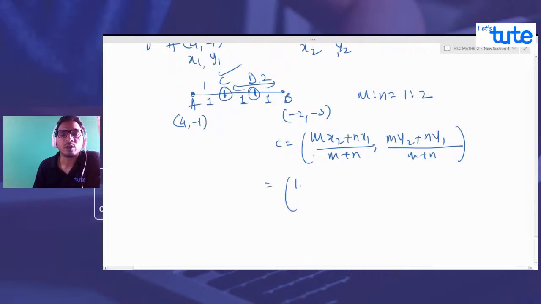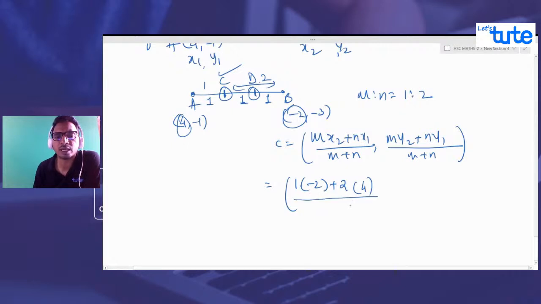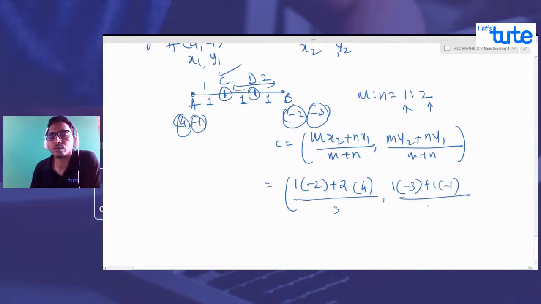Now when we apply the values, what are we going to get? 1 multiplied by x2, which is -2, plus n, which is 2, times x1, which is 4, upon m plus n, which is the addition of 1 and 2, so 3. And for y, m is 1, y2 is -3, plus n is 2 and y1 is -1, and m plus n, that is 1 plus 2, is 3 again.